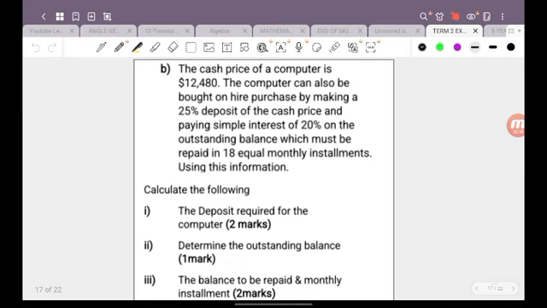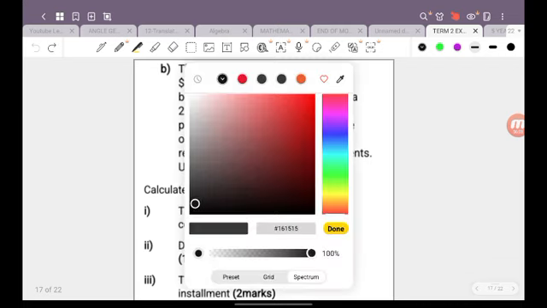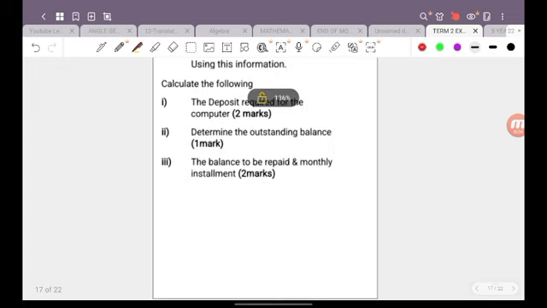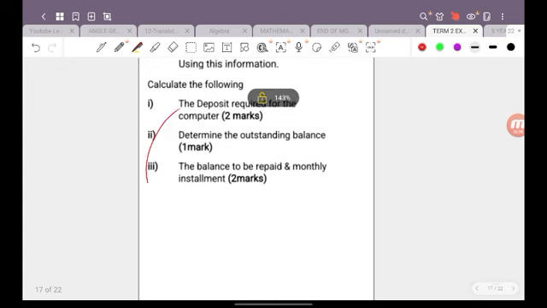It says that the cash price of the computer is $12,480. However, the computer can also be bought on hire purchase by making a 25% deposit. So to calculate the deposit required for the computer, that's going to be 25 over 100 of the value of the computer, which is $12,480.